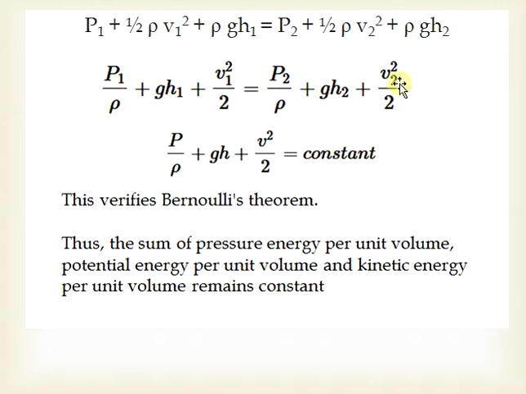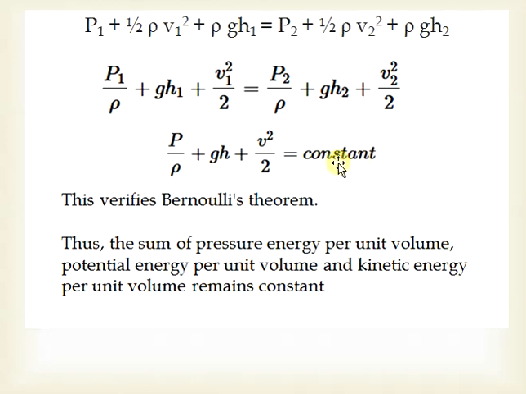So from the LHS and RHS, we can say that P by rho plus g h plus V square by 2 should be a constant. This is the summation of the pressure energy per unit mass plus the potential energy per unit mass plus the kinetic energy per unit mass, which is found to be a constant at the points x and y.